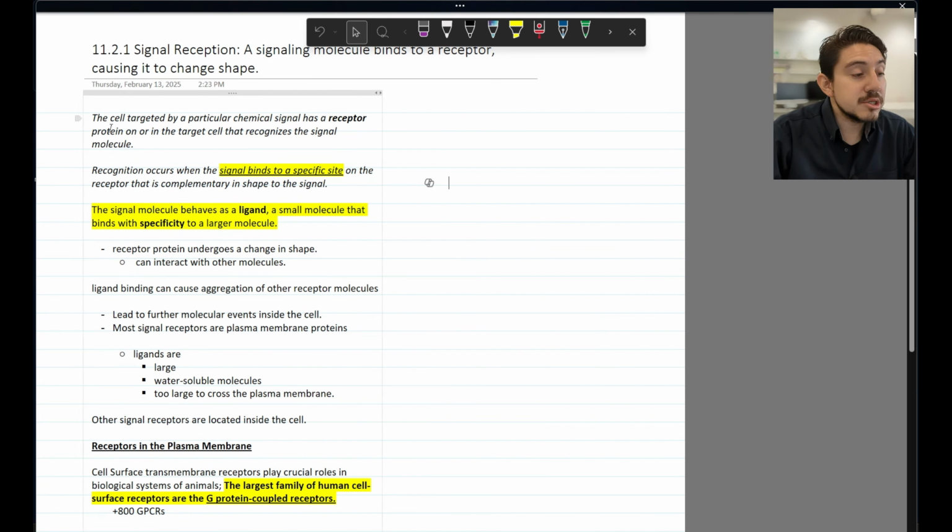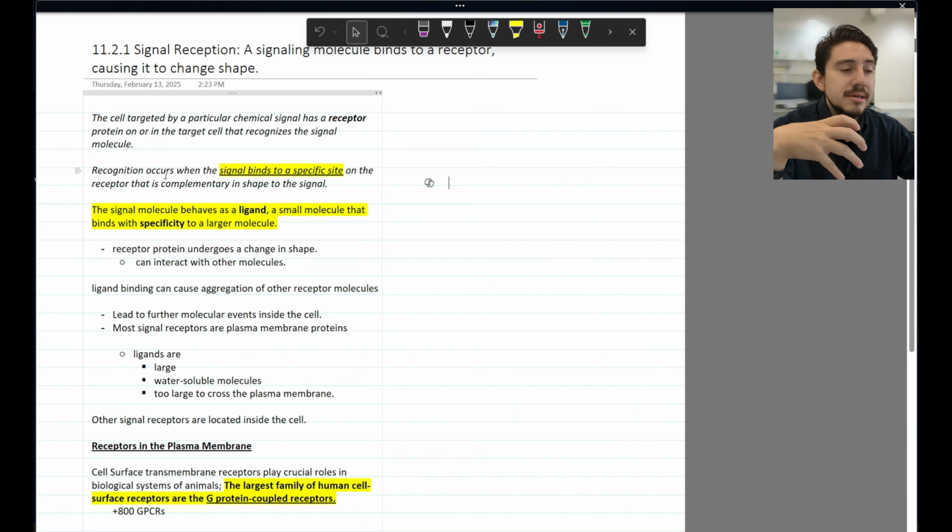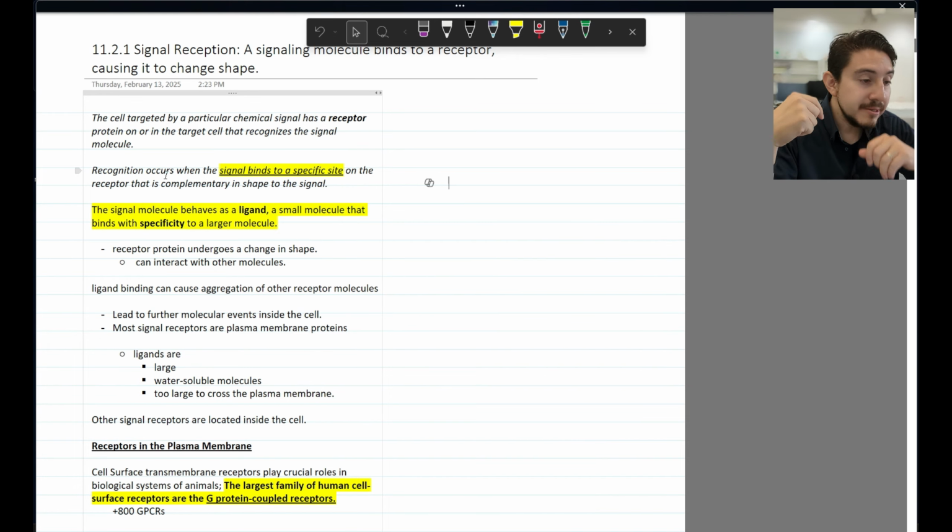So the cell targeted by a particular chemical signal has a receptor protein on or in the target cell that recognizes the signal molecule. If you guys remember, similar to the enzyme substrate complex, you're having something similar where you have a binding site, you have a ligand coming in, but in this particular case, you have receptors. Okay.